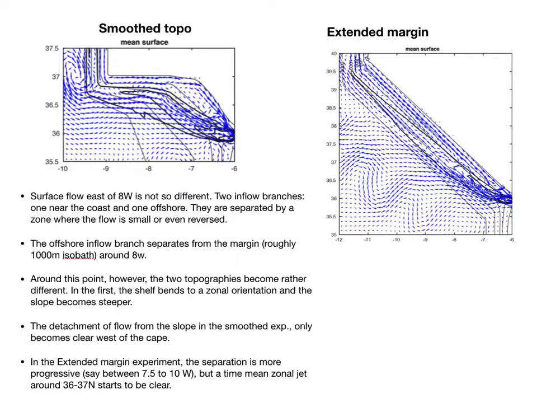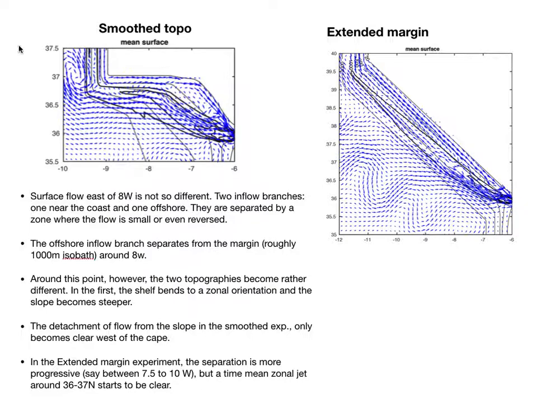If we first look at the surface flow, the average surface flow between the two experiments, the smoothed topography and the extended margin, it's interesting that close to the entrainment zone the surface flow is not very different between the two experiments.